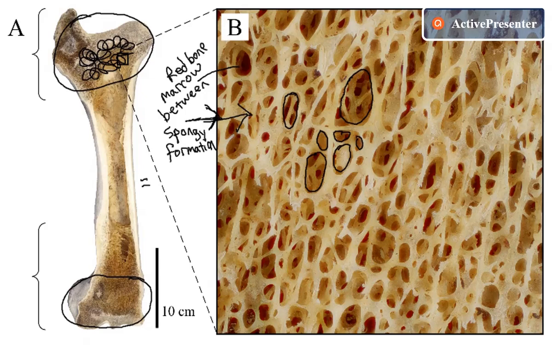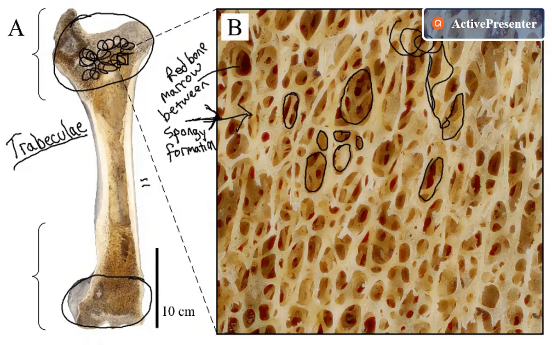But the trabecula, I'll write it over here, trabeculae, some people might pronounce it differently. The trabeculae, that is this exact picture, all of these porous surfaces that look like a close-up of a sponge with holes in it. This is the trabeculae, these formations here.